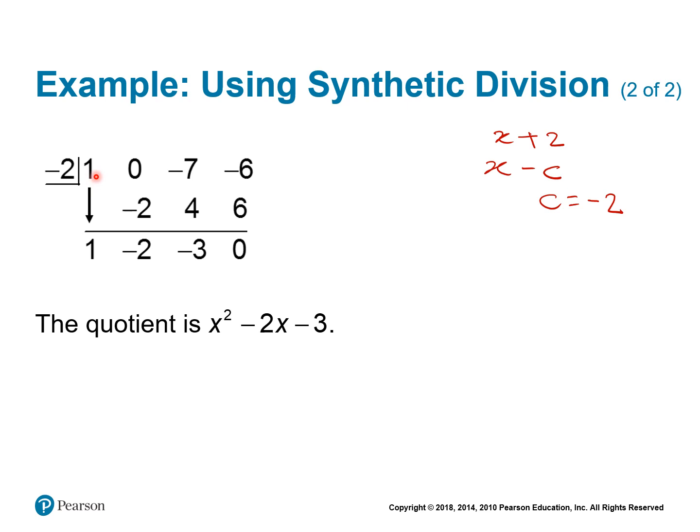So bring down the leading coefficient, write it below the line, and then multiply -2 with 1. All right, so -2, and let me do that here with a pen. So -2 times +1, you're multiplying here, and write the result above the line below the second term, in the setup, second coefficient.